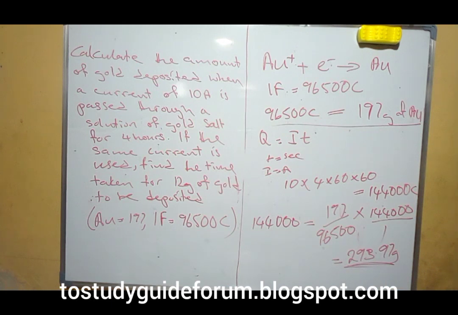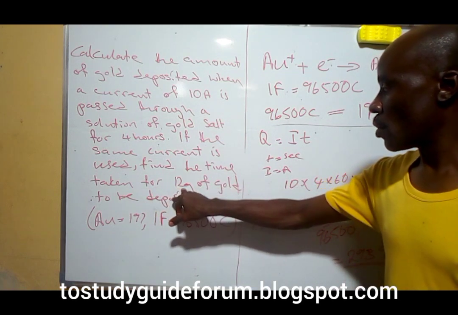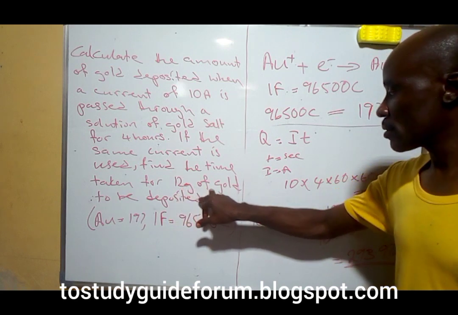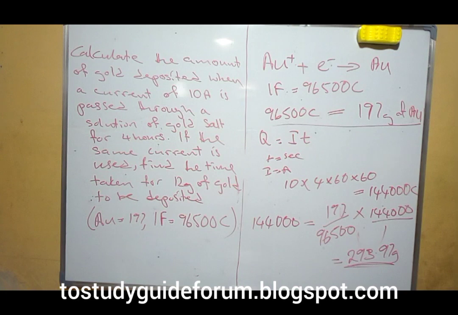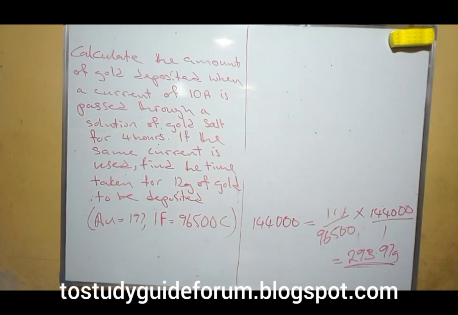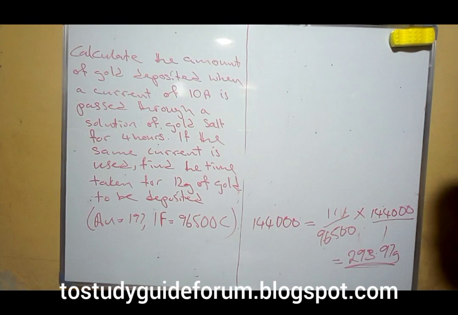Now the next question said to find the time taken for 12 grams of gold to be deposited. But now we're looking at the time. So the time taken, if the same current is passed through there.